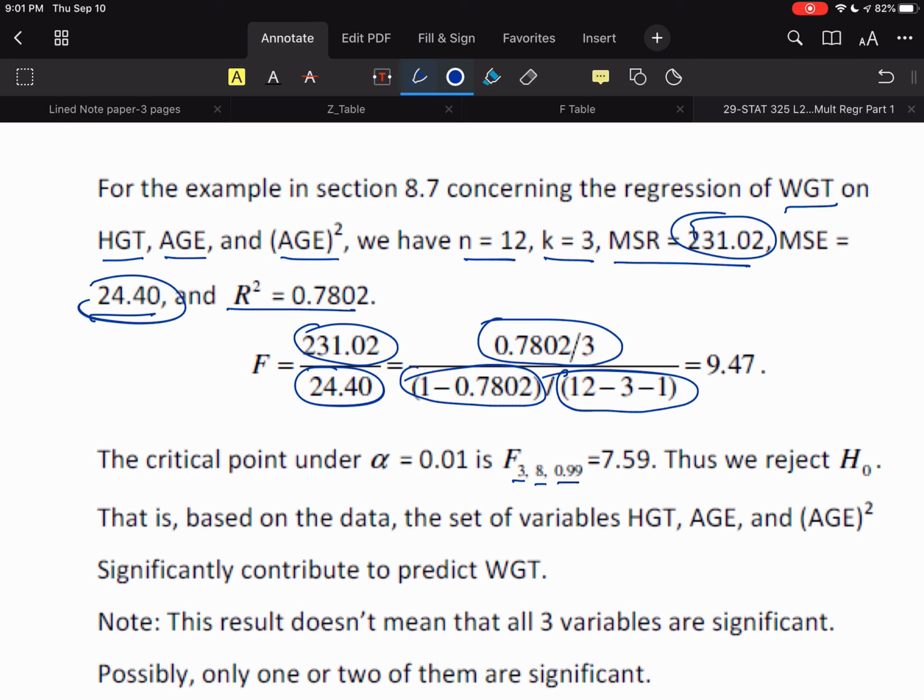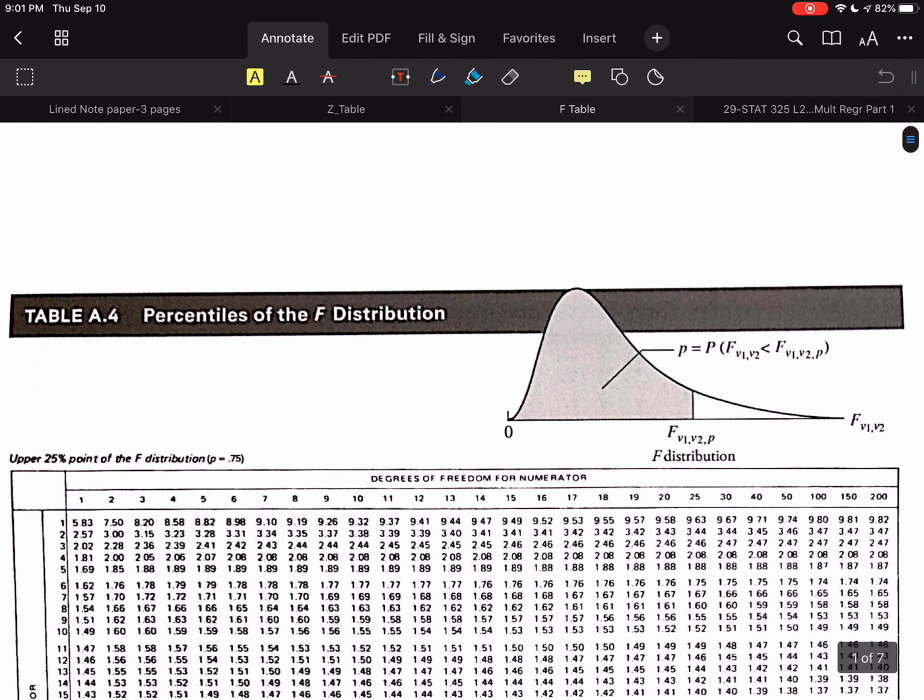So let's find this in the F table. So it's 0.99. We look at the F table, and it's strange to me that they have highlighted this area over here to the left of the critical value, but this says upper 25%, so that would mean that upper is 0.25 up here, so this would be 0.75.